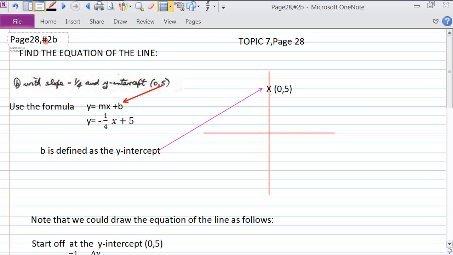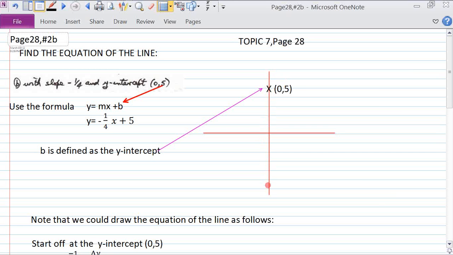Now, number 2b, page 28. Here we are given the slope minus a quarter, and we know the y-intercept. Now, if we draw this point 0, 5 here, this point right here represents the y-intercept because it crosses the y-axis.